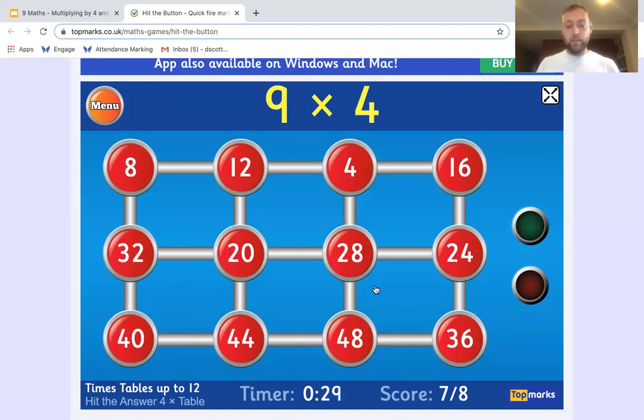So if I take 4 away, 7 times 4, I just got that one wrong. What was it? Was it 24? Was it 28? Oh, 5 times 4 is 20. 6 times 4, 28. 4 times 4. 2 times 4, 2 lots of 4, 8. 11 times 4. 10 times 4 is 40, which means 11 times 4 is 44.